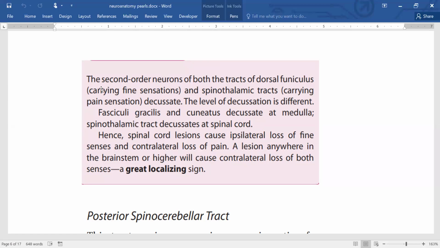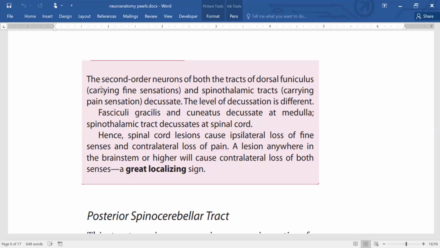Now the first order neurons of all these ascending tracts lie in the dorsal root ganglia. So this is the common thing. All the ascending tracts have three orders of neurons, that is the first order, second order, and the third order.